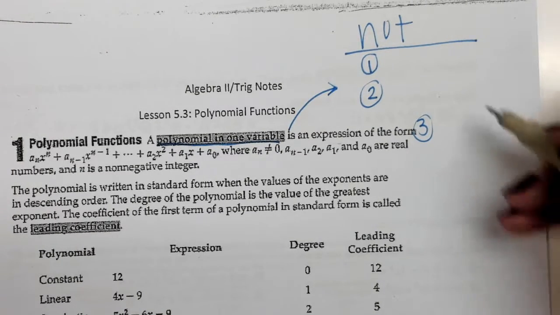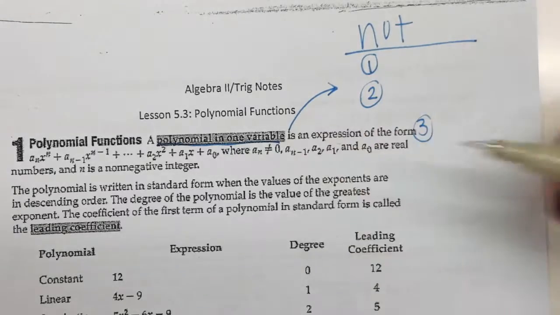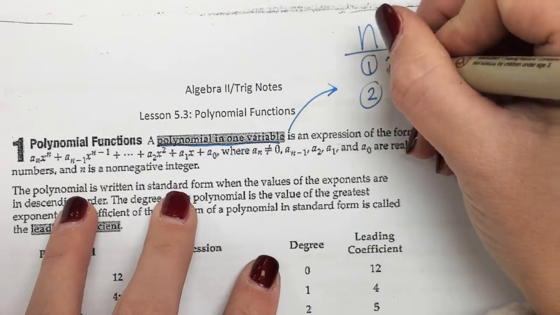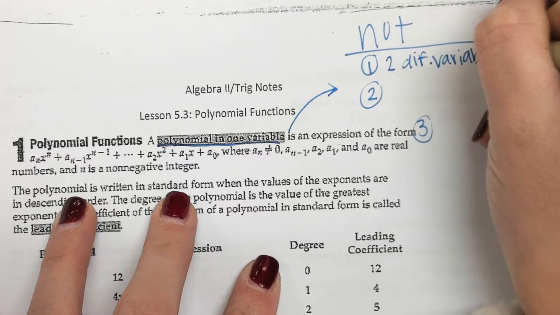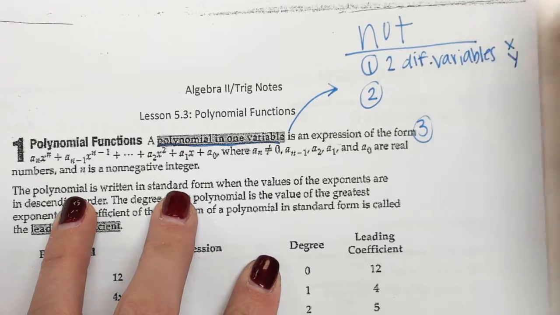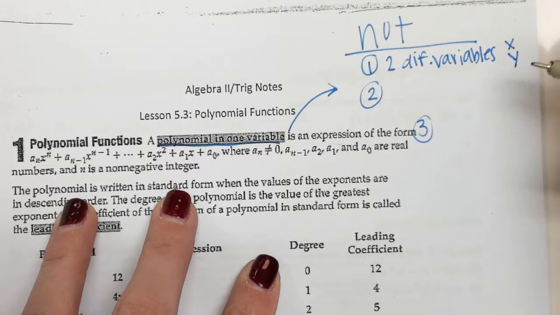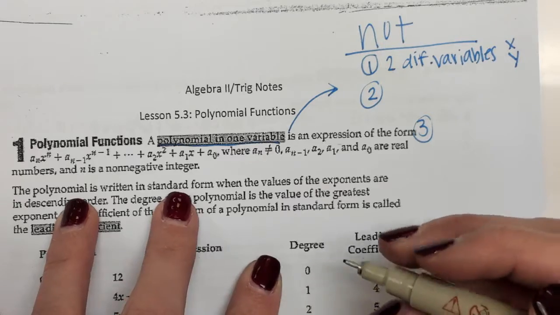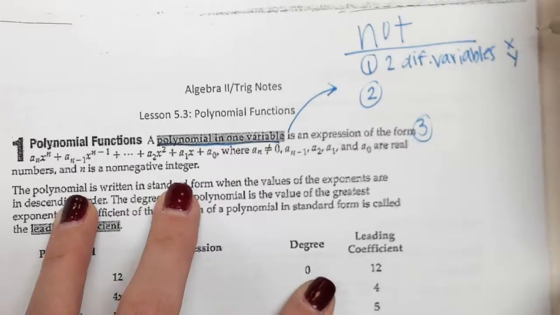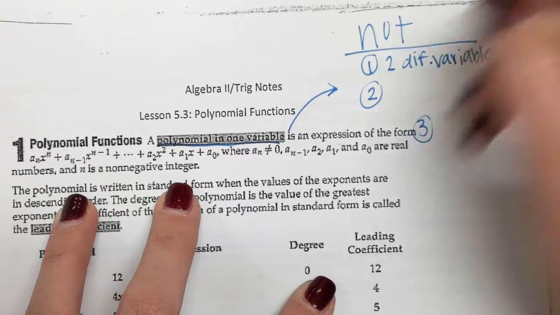Alright. First thing that cannot happen if it's a polynomial in one variable are 2 different variables. Such as if you see an x and a y involved, it is not a polynomial in one variable. Pretty simple because there's 2 variables. It has to be just one. Second condition, you cannot divide by letters.